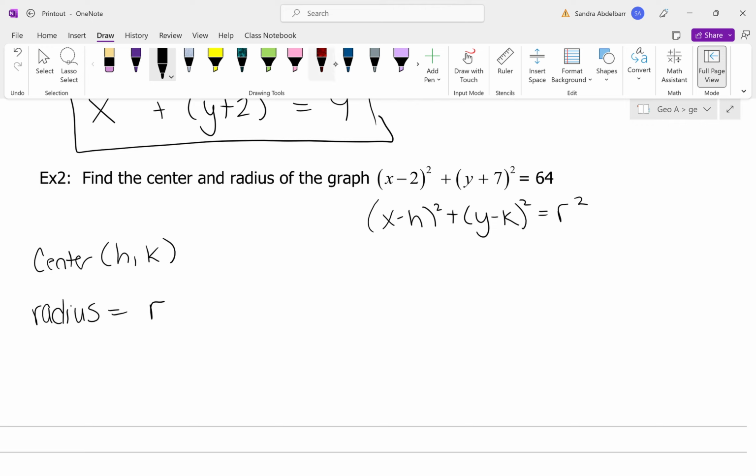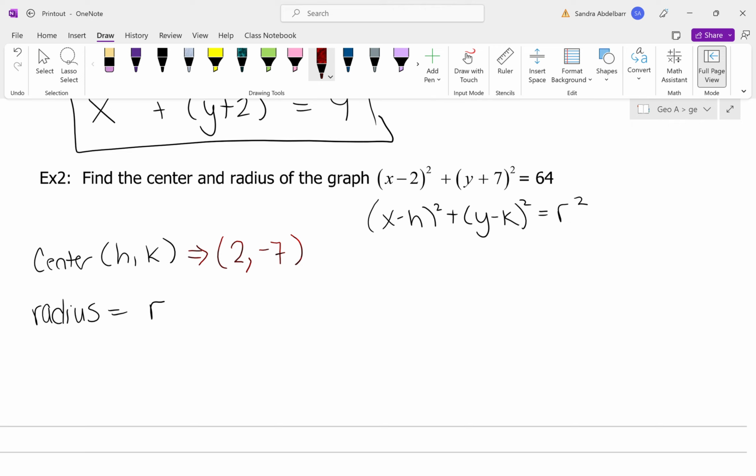Can somebody identify the center point for me on this graph? Only Danya knows, Vincent and Maya. Eloisa? 2, 7. 2 is good. The 7 should be what? Oh, is it negative 7? Good. It's (2, -7).